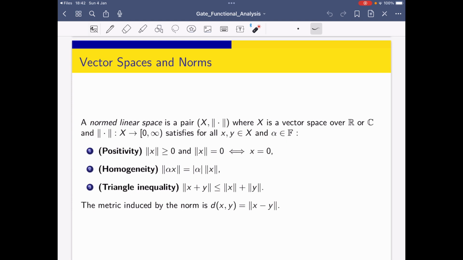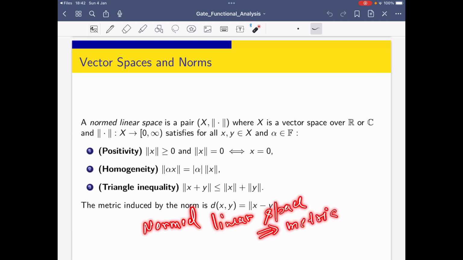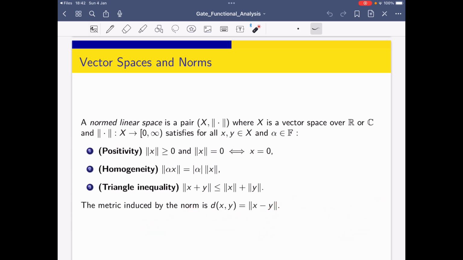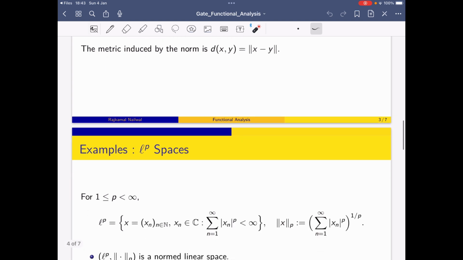So a normed linear space is always a metric space. Now we know what a normed linear space is, and we will look at some examples in the next slides.